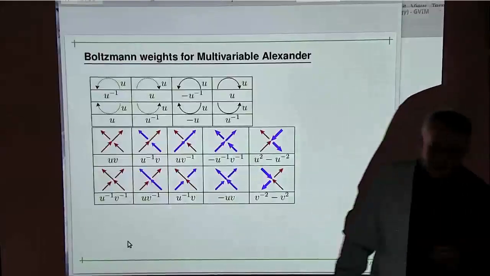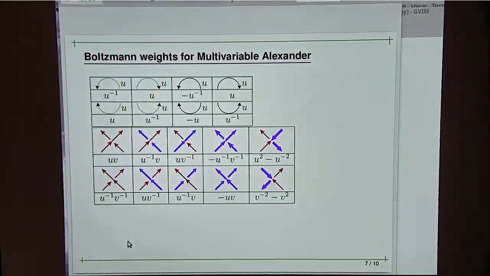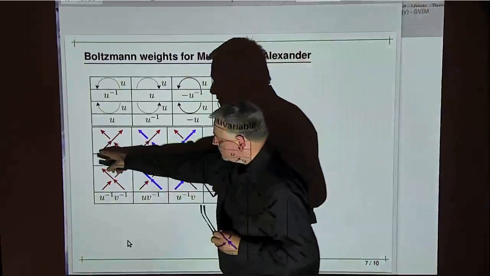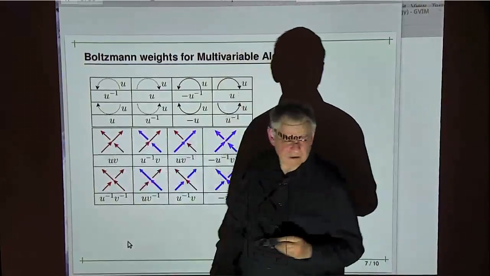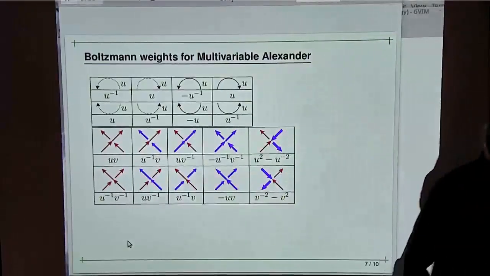If the other string is fermionic, you put -1. It's again just a description of this matrix. What do U and V refer to, labels of the components? So this is U string and this is V. U string starts in the bottom left corner and goes upwards and to the right.